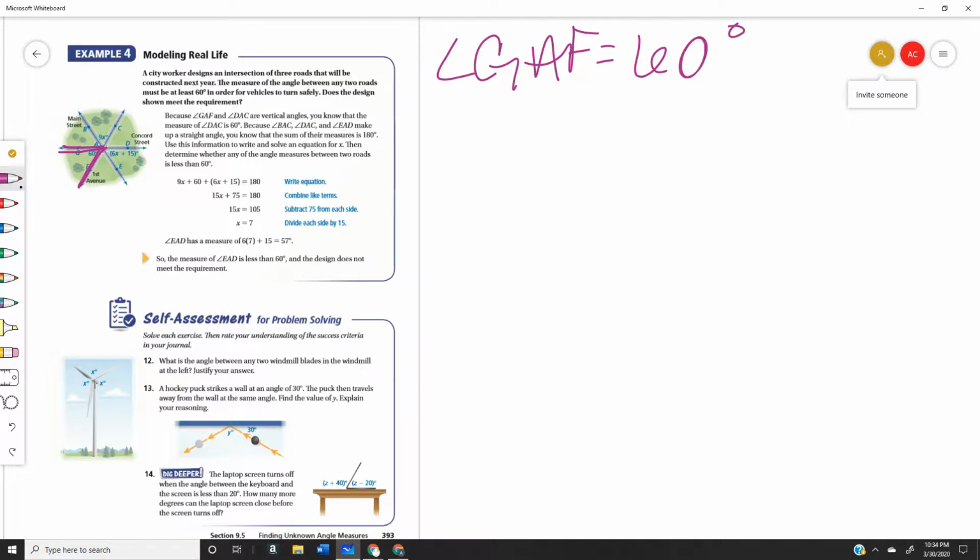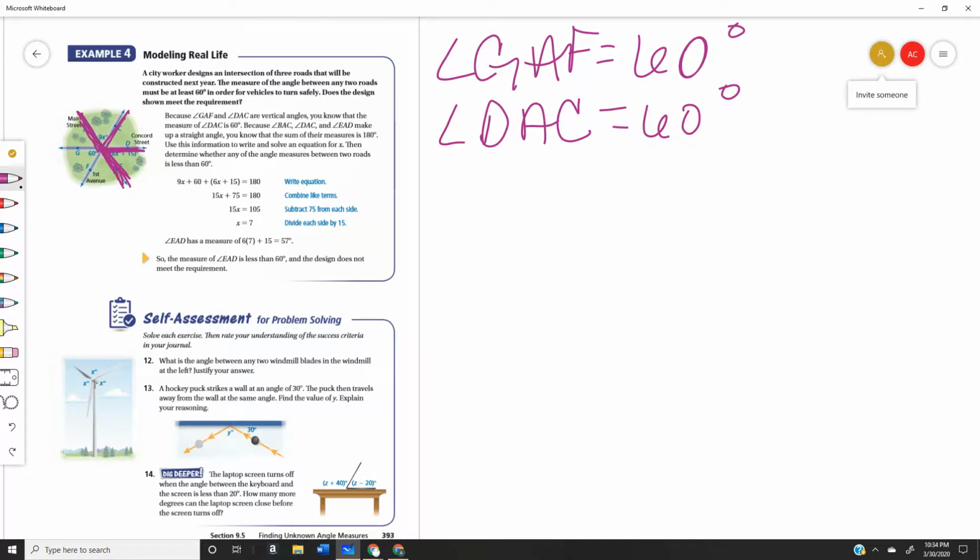Okay? And so we know that DAC right here is vertical to that, so it also equals 60 degrees. Okay? Now, BAC, I'm going to erase on here. BAC and DAC and EAD, these 3 right here, add up to this straight line right here.